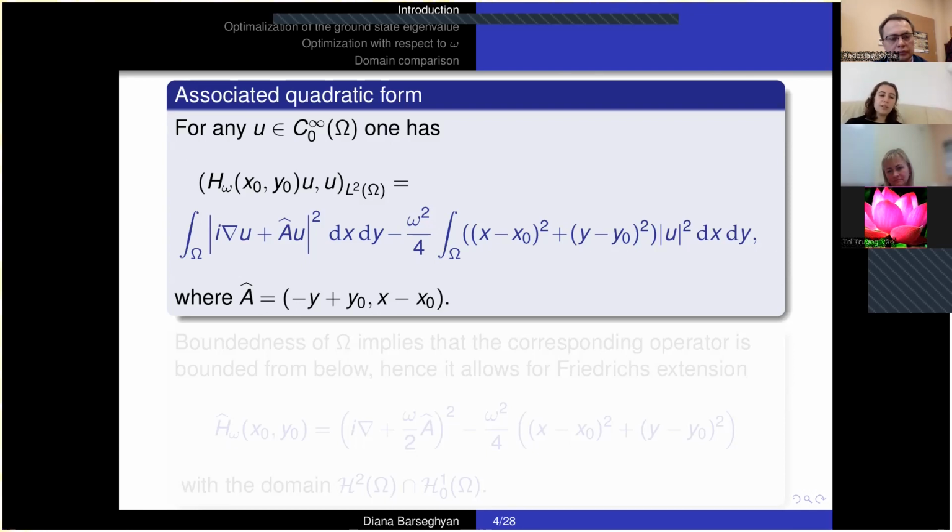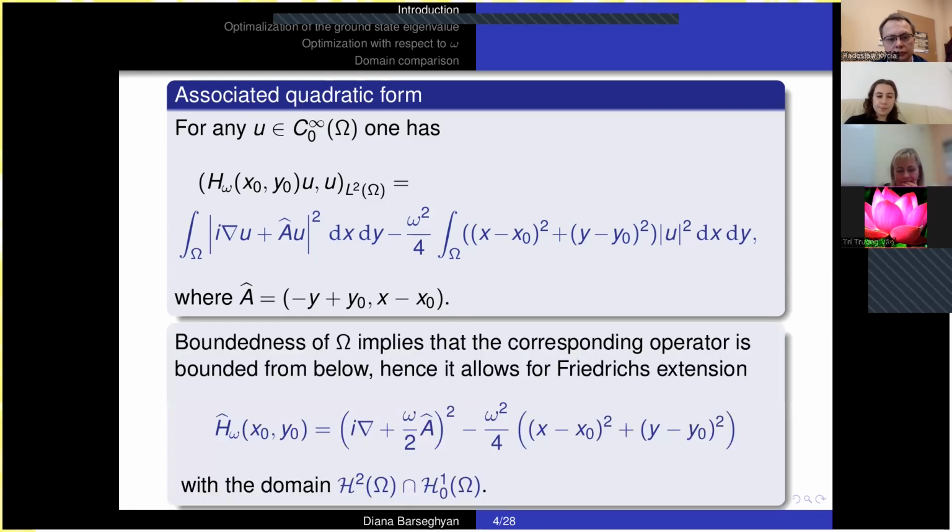The first part is the magnetic Laplace operator, this i nabla u plus a hat u, where a hat is the magnetic potential, which is given below: minus y plus y0, x minus x0. Then we have the electric potential, minus omega squared over 4, and this integral. So this is our expression of the quadratic form.